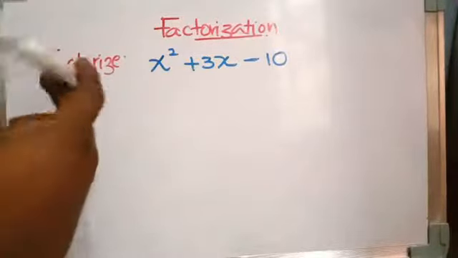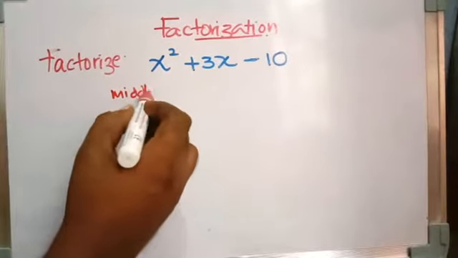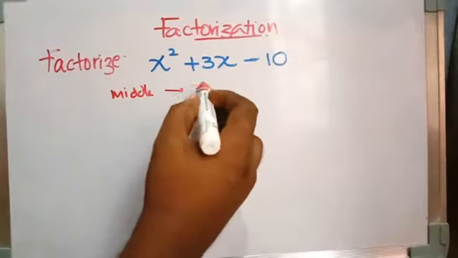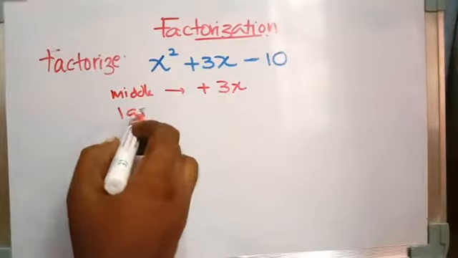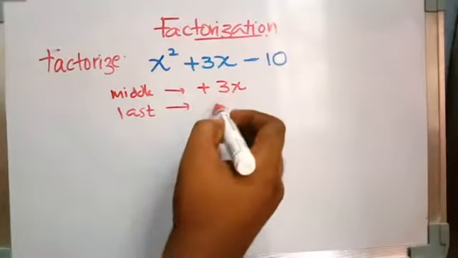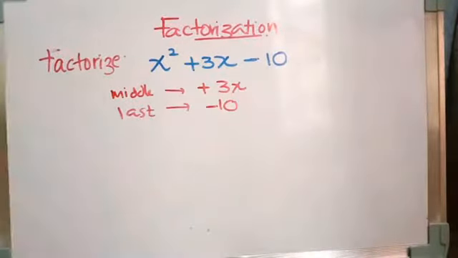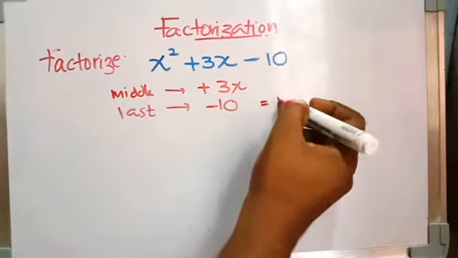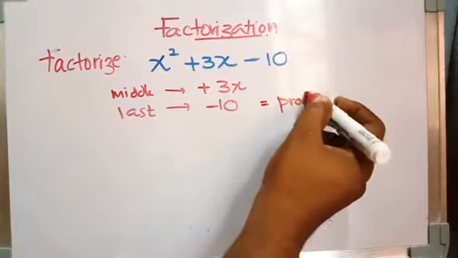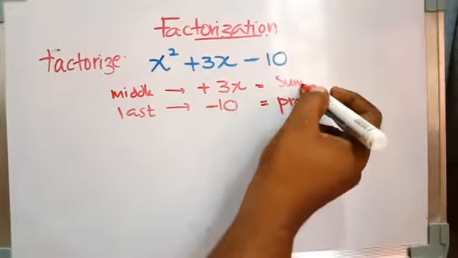The middle term is plus 3x and the last term is minus 10, actually minus 10x squared. You know the last term is the product and the middle term is the sum or difference.